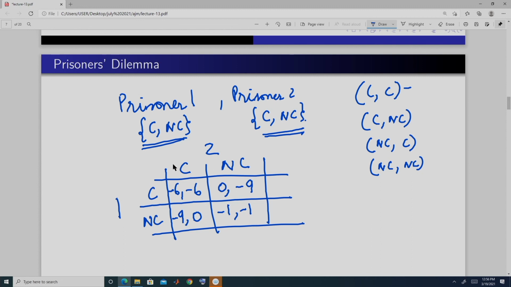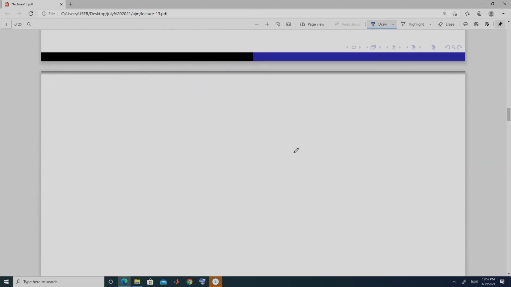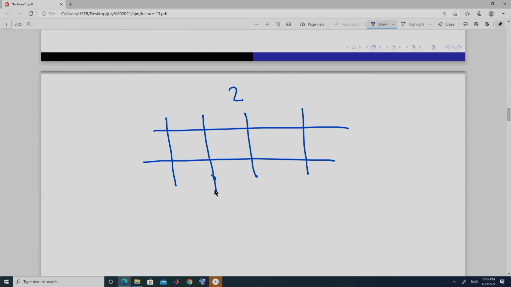So, this is a representation of the prisoner's dilemma game. Okay. And this is called a matrix representation of a normal form game. Another type we can think of: suppose again we have two players, and this is, suppose, U and D for player 1, and for player 2 it is L, F and E. Okay.